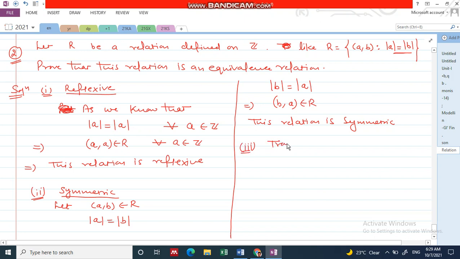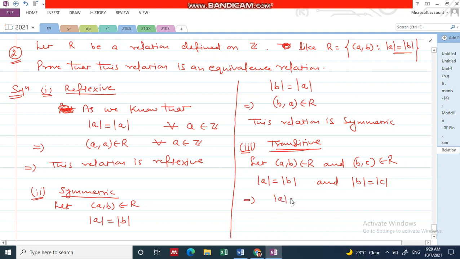Number three, transitive. To prove that it is transitive, we first assume that (A, B) is a member of the relation, and (B, C) is also a member of the relation. As (A, B) is a member of the relation, it means that the magnitude of A is equal to the magnitude of B, and the magnitude of B is equal to the magnitude of C. So ultimately you can say that the magnitude of A is equal to the magnitude of C, just by combining these two.